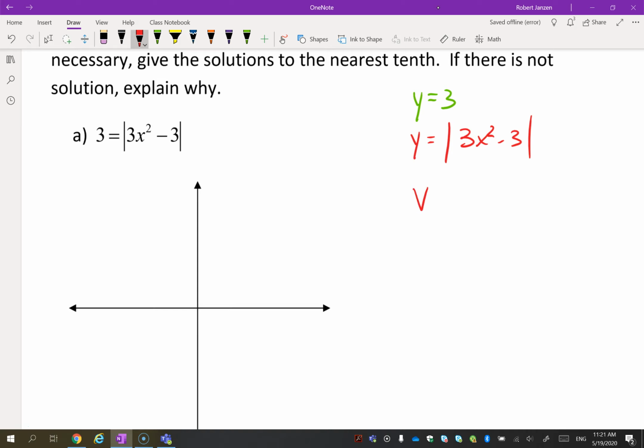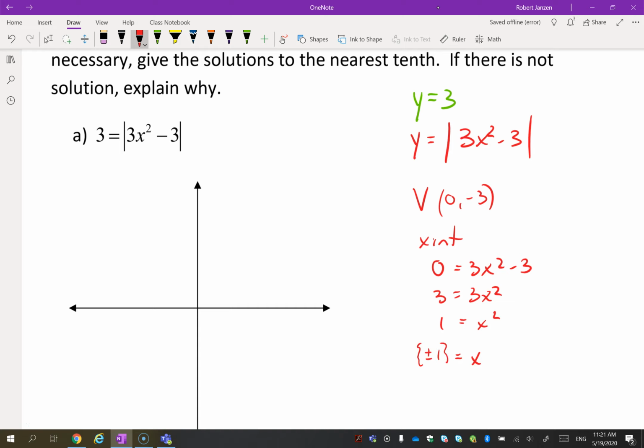This will have a vertex at 0, negative 3. It will have x-intercepts at plus or minus 1.